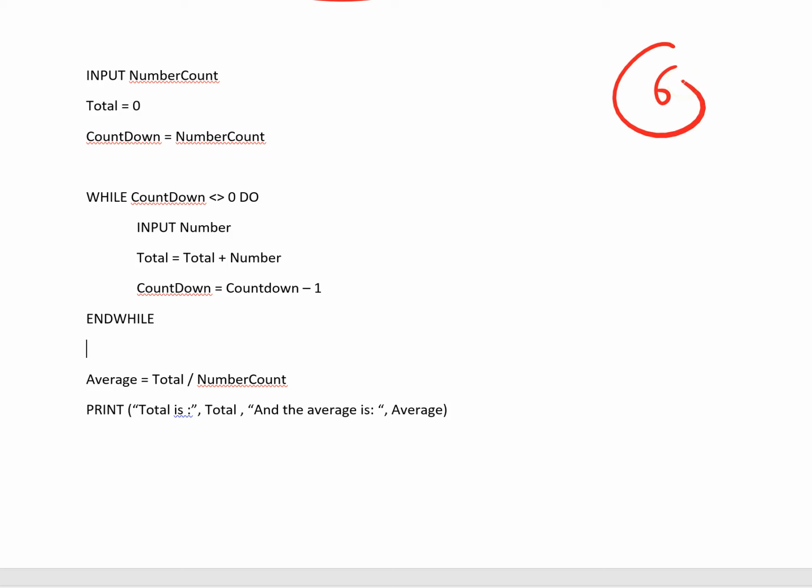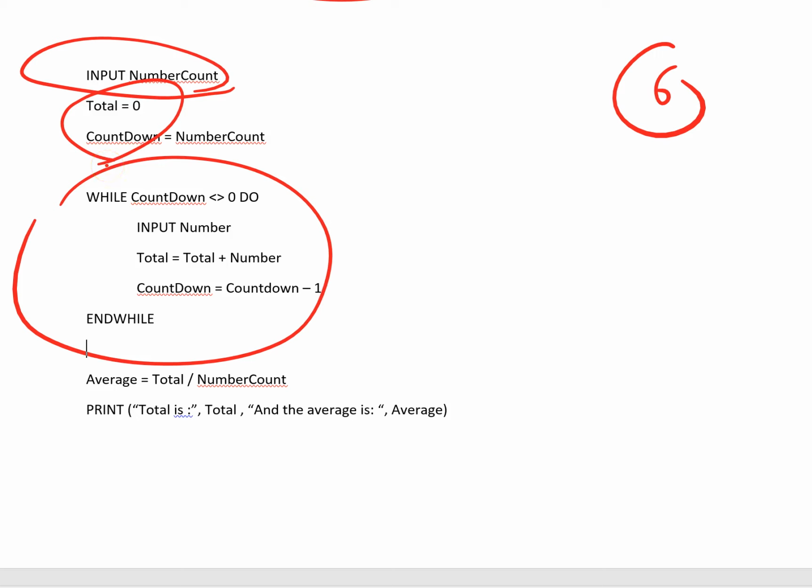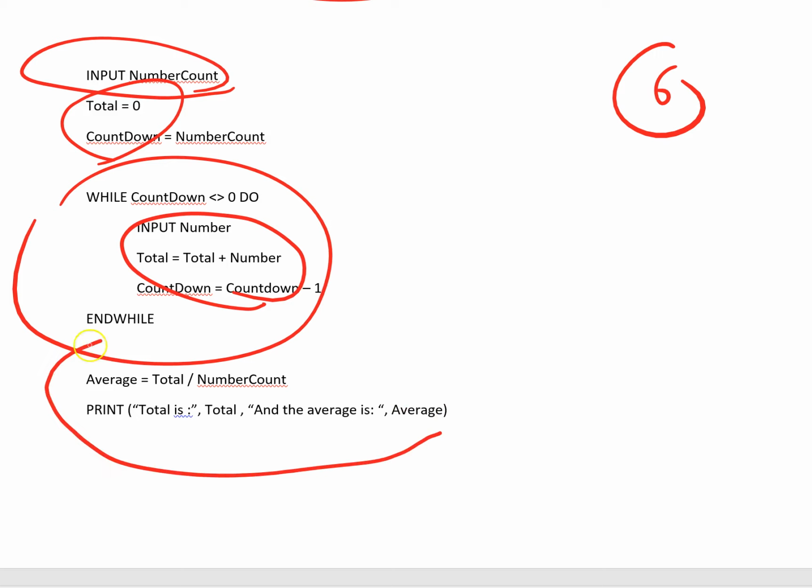An initial mark for the number being entered, a mark for initializing the total, having a countdown. You'll get a mark for the actual loop, marks for the statements in the loop, and then marks for the output and the average calculation. So there's quite a number of ways you could hit those 6 marks.